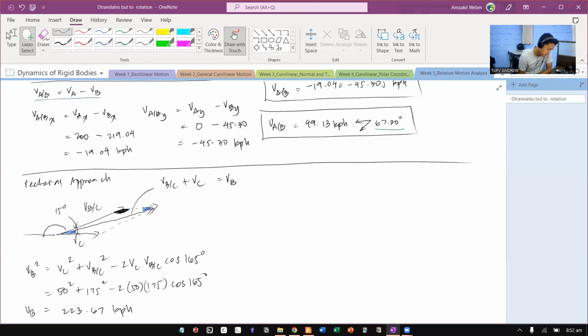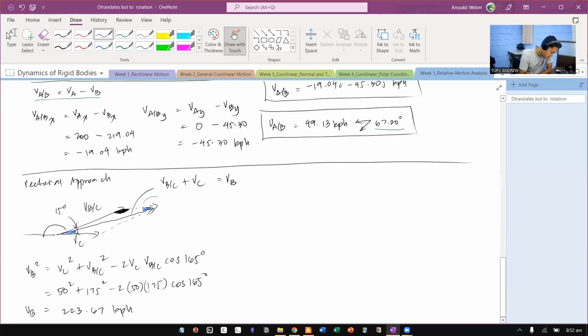Okay, so let's do the sine law. Let's call that angle alpha. The opposite of alpha is BBC, so BBC over sine alpha equals, with the angle 165, the opposite side BB over sine 165.